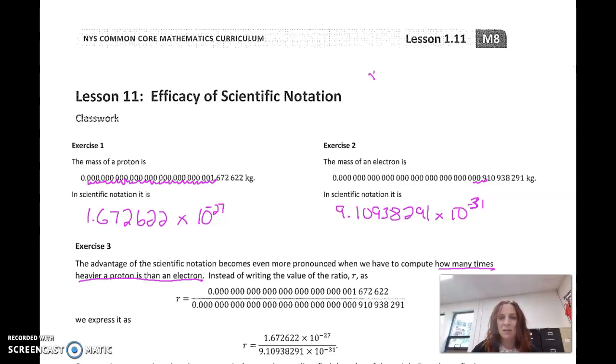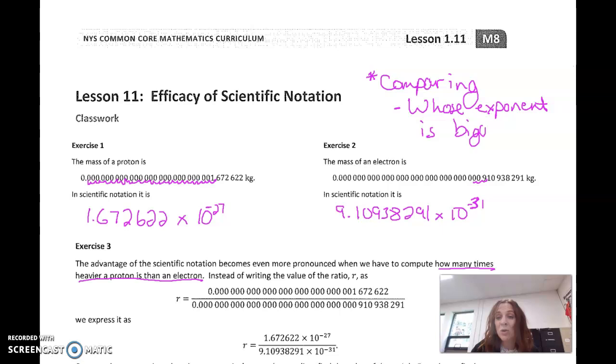If you are comparing numbers in scientific notation, and you want to know which one's larger, you basically look at their exponent. You say, whose exponent is bigger?